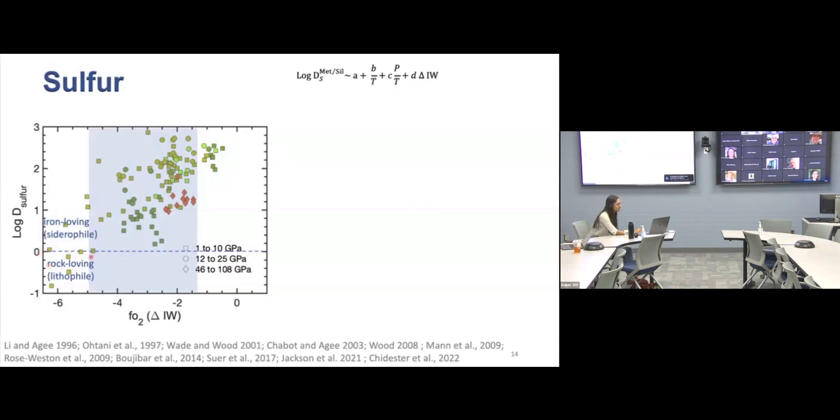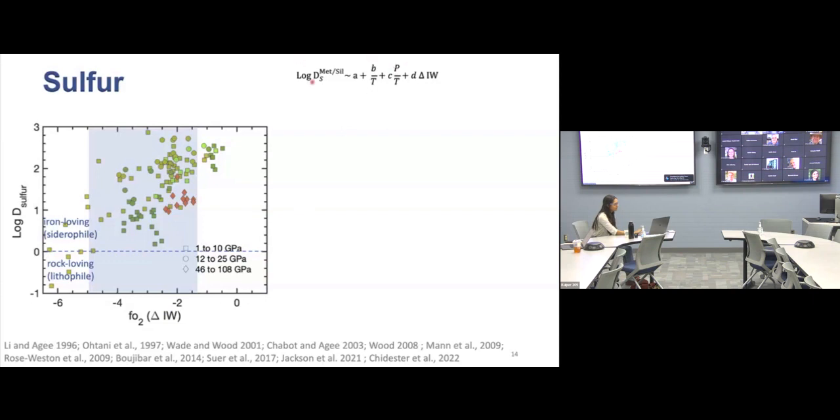And so the majority of the sulfur data shows that it favors the metal phase. The blue box is the oxygen fugacity conditions under which the Earth's core is thought to have formed. On the x-axis is the oxygen fugacity in terms of the iron-wüstite buffer. Reducing conditions are on the left, and more oxidizing conditions are on the right.